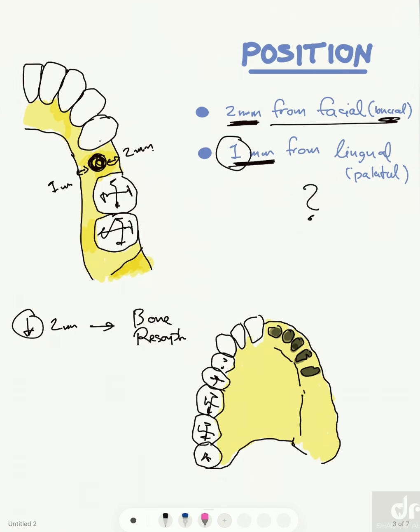On the other side, at the buccal plate we should keep 2 millimeters, especially in the anterior area where aesthetics will be compromised.